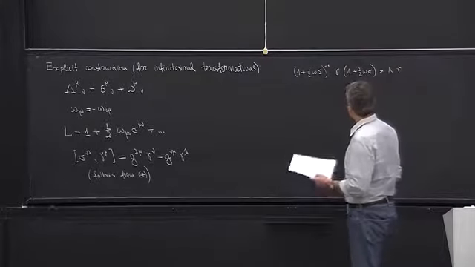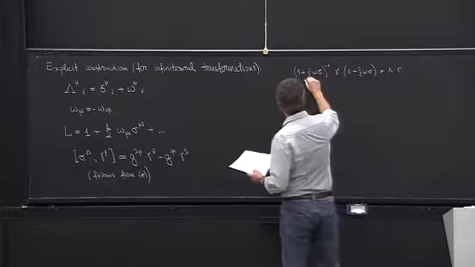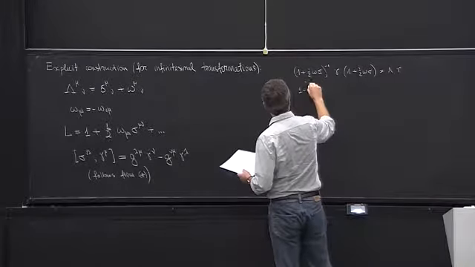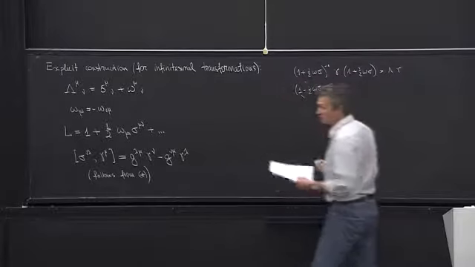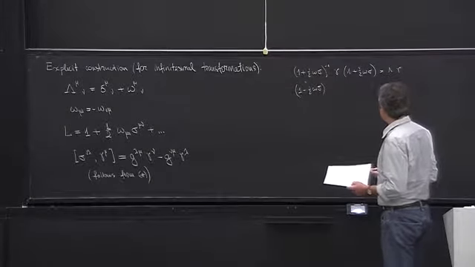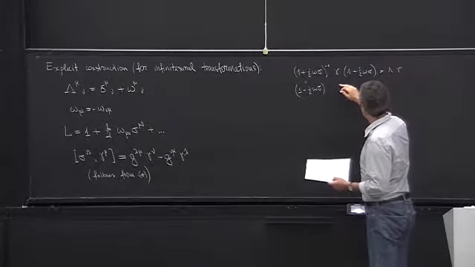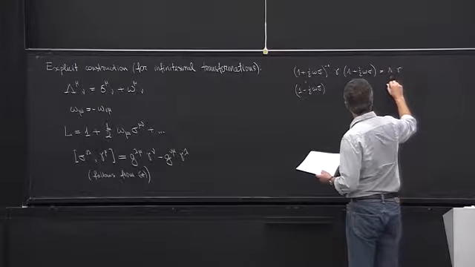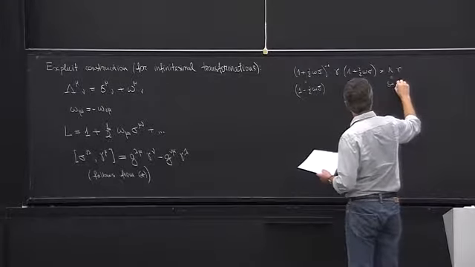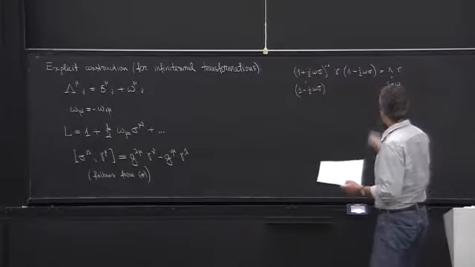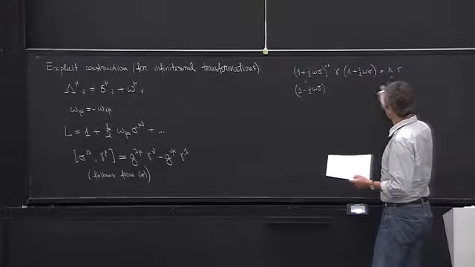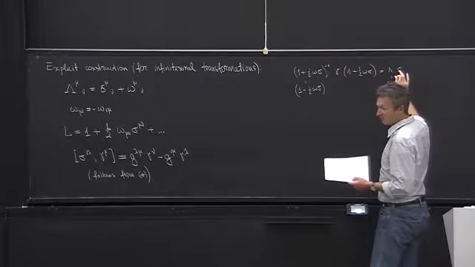Then the leading linear order is 1 minus omega sigma. For lambda you should substitute delta plus omega. And then you equate terms of the same order in omega. The first term is just gamma equals gamma.